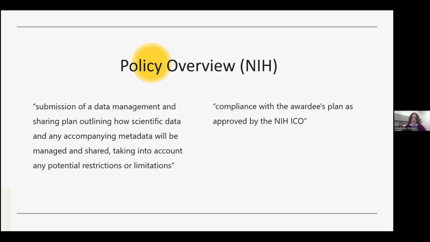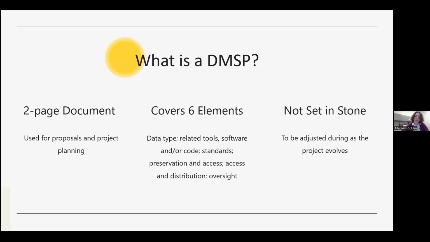And while the concepts of these plans developed to meet policy requirements, they are being adopted more and more by researchers who are not required to create them, just as a best practice in data management. So what is a data management and sharing plan? They are typically a 2-page document. Not all agencies say a certain page limit, but the NIH does, I believe.